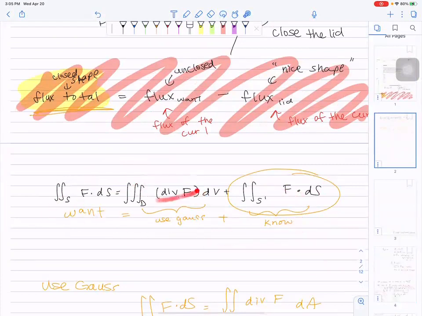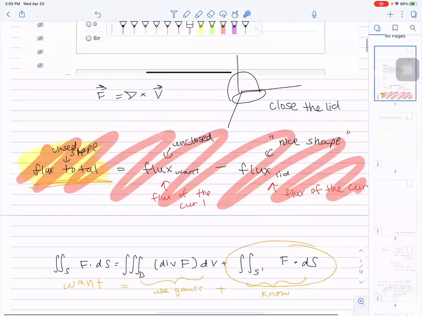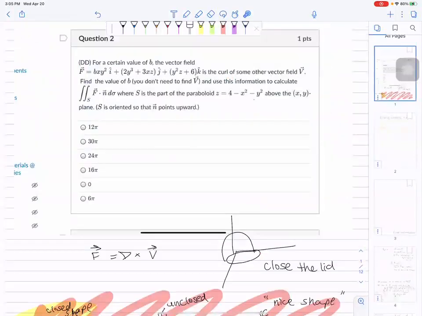So this part, I said we're using Gauss, which is we're doing Gauss on the entire shape. And this part, yes, it's Stokes. Why is it Stokes? Because our F right now is F bar, and F bar is the curl of something else.